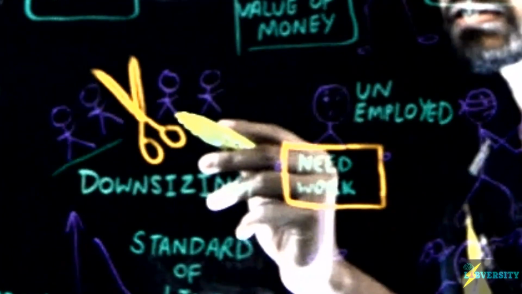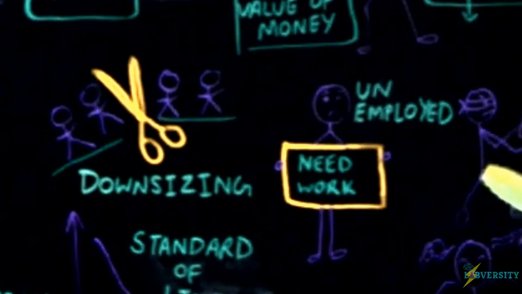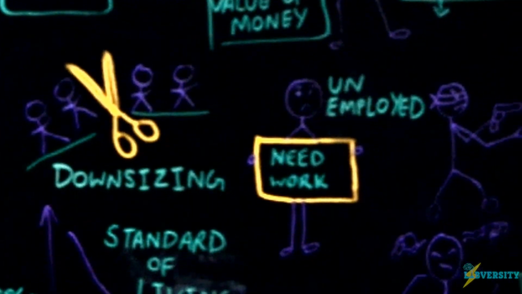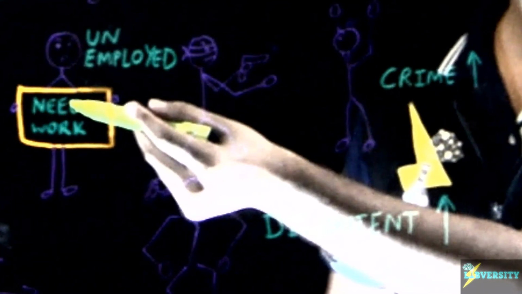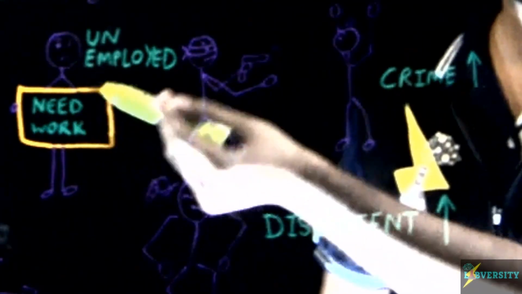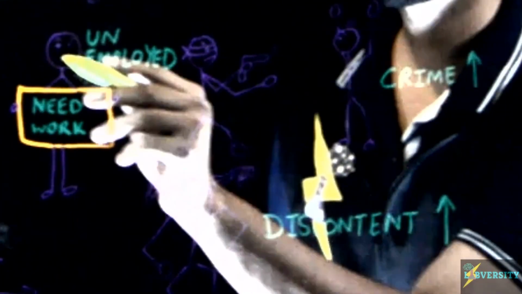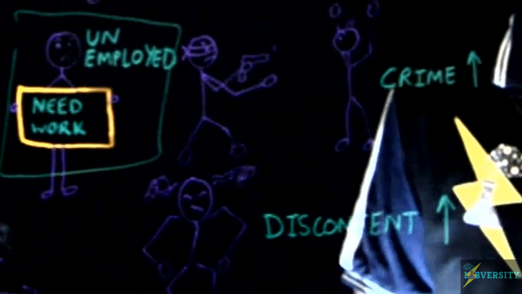Now, downsizing means they are going to lay off some of the employees and get the work done with some of the remaining employees. This would mean that their cost would be reduced. They won't be paying a lot of salaries now, they would be paying less salaries now. But this leads to what we call unemployment.